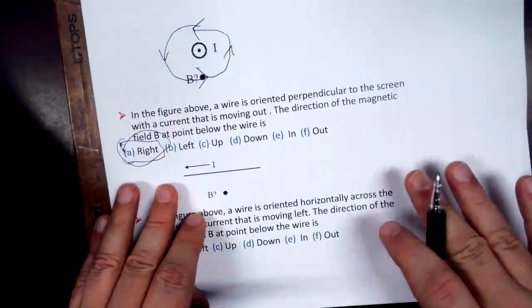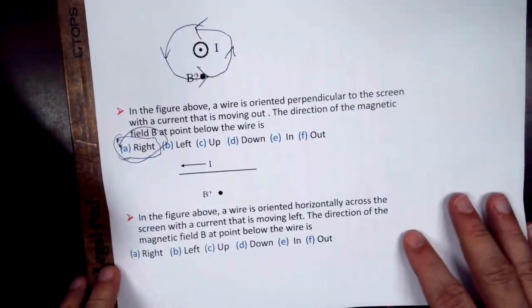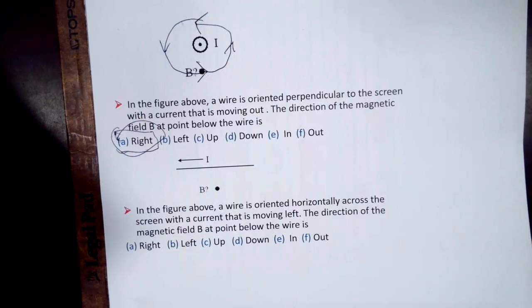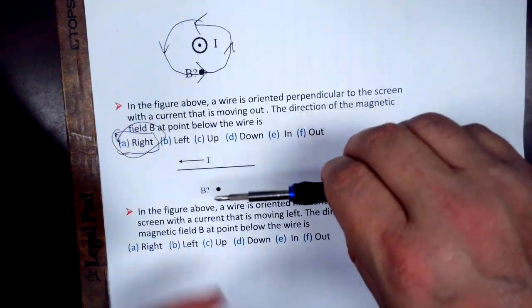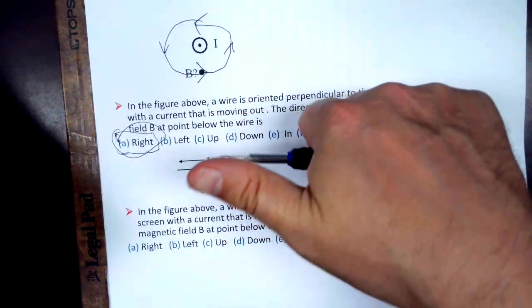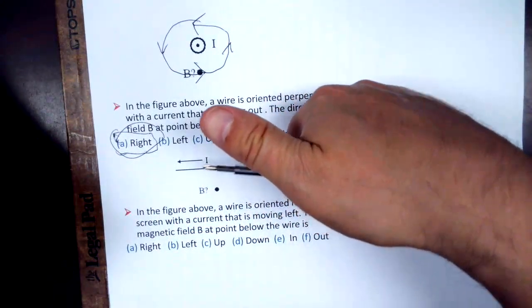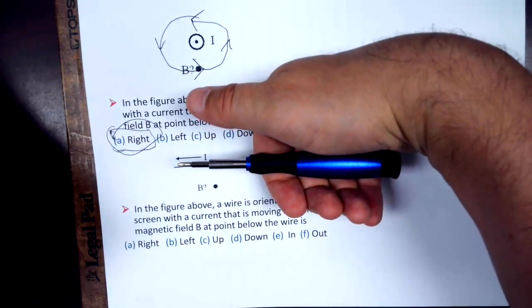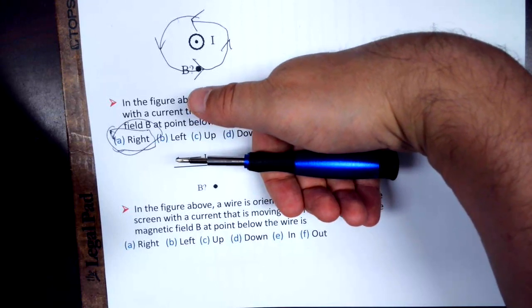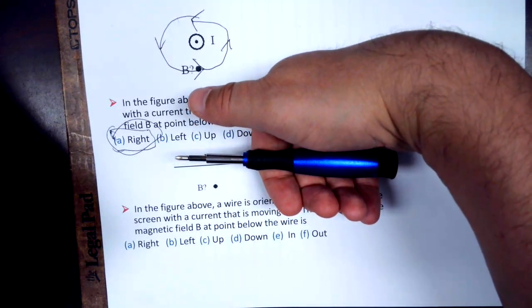Okay, so that's one example, and next up we've got a case where the current is pointing to the left. So our vector is pointing to the left, and again we do the same thing. We grab the vector with our right hand, and what happens when we reach point B? Here my fingers underneath the wire are pointing out of the page.